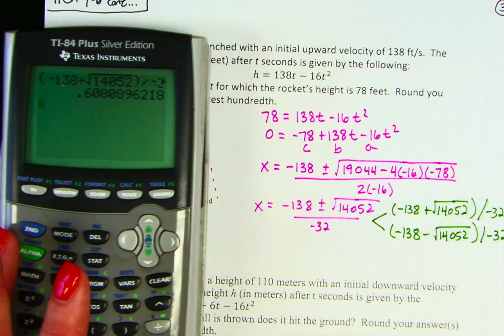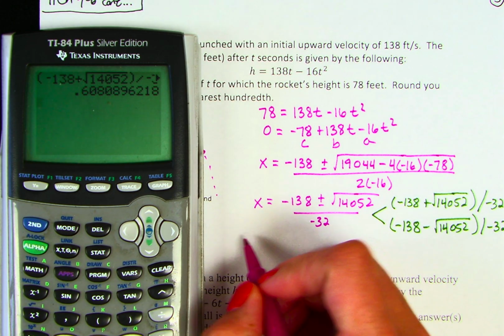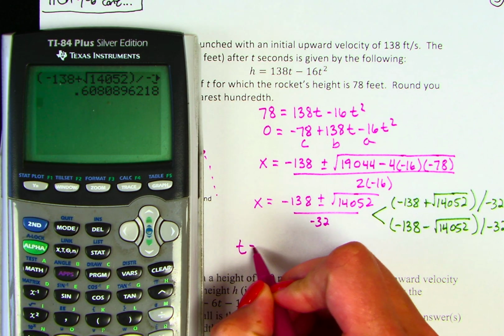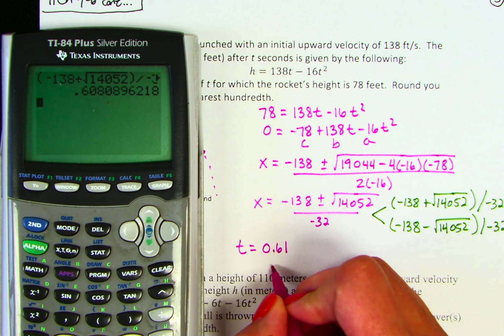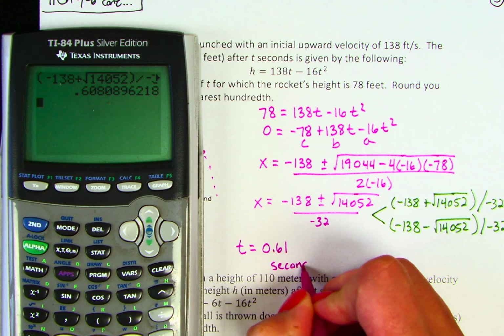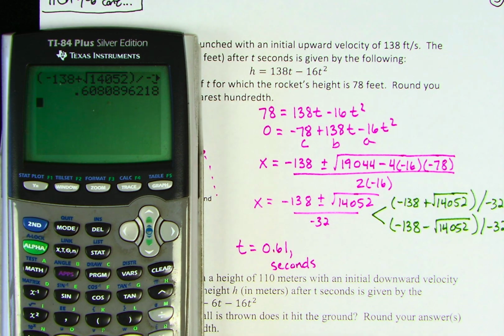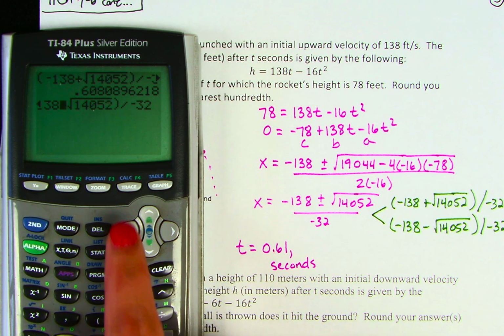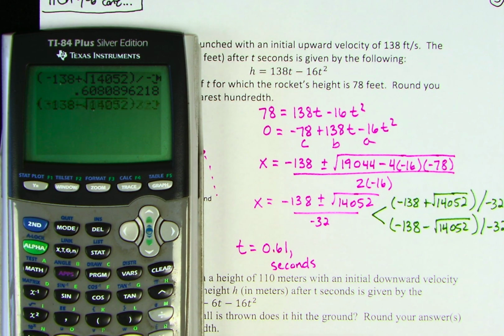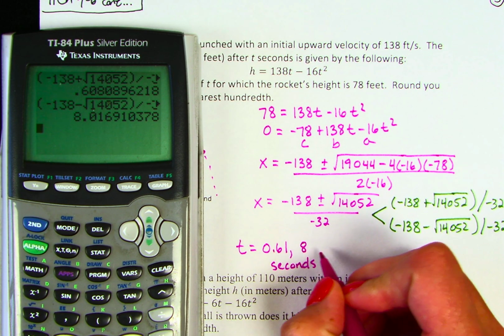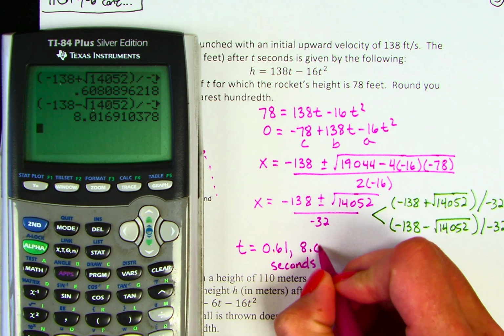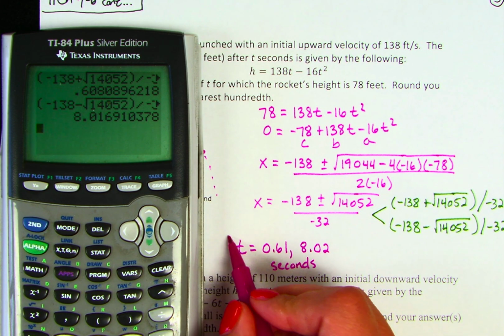All right, so our first time is 0.61 seconds. And then I'm going to press second and the enter key to copy and paste. And I'm just arrowing back to change my plus sign to a minus sign and pressing enter. So the next one is at 8.02 seconds.